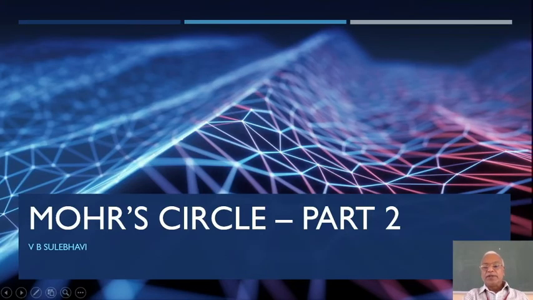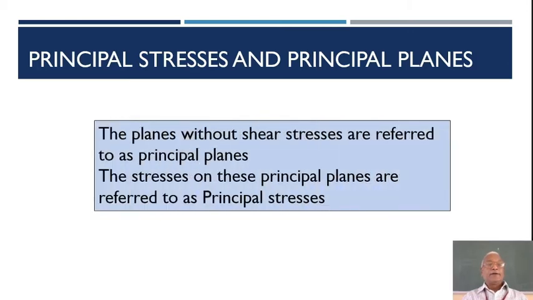What are principal planes, how are they found, and what are the magnitudes of principal stresses? We'll straight away go ahead. The planes without shear stresses are referred to as principal planes. The stresses on these principal planes are referred to as principal stresses.